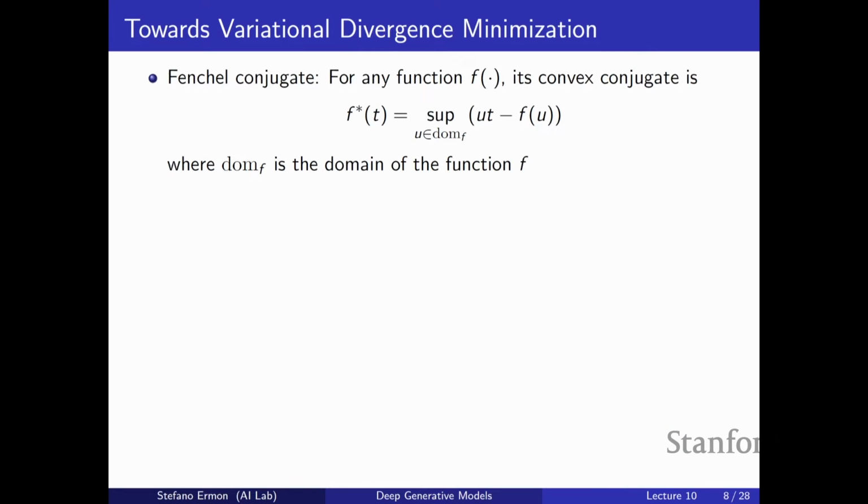Cool. So the machinery for doing this goes through something called the Fenchel conjugate, or the convex conjugate, of a function, which is defined like this.